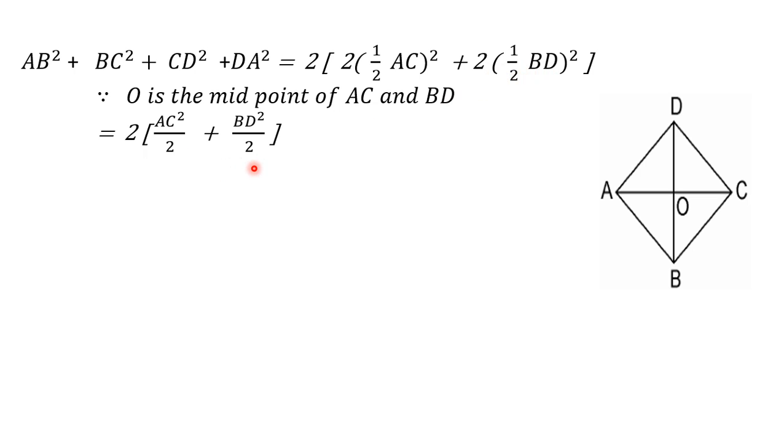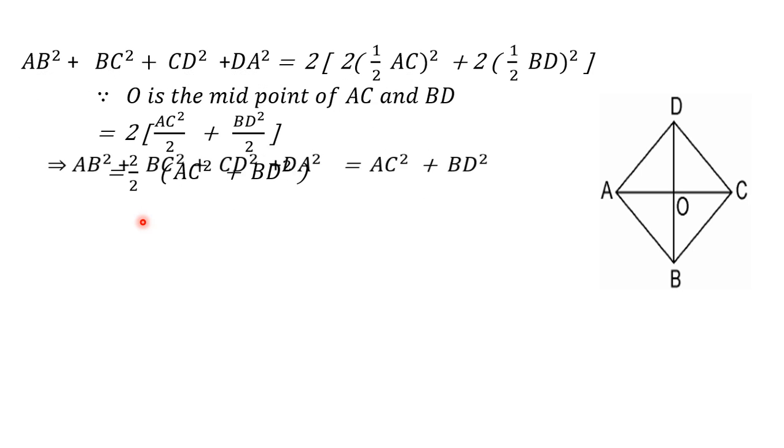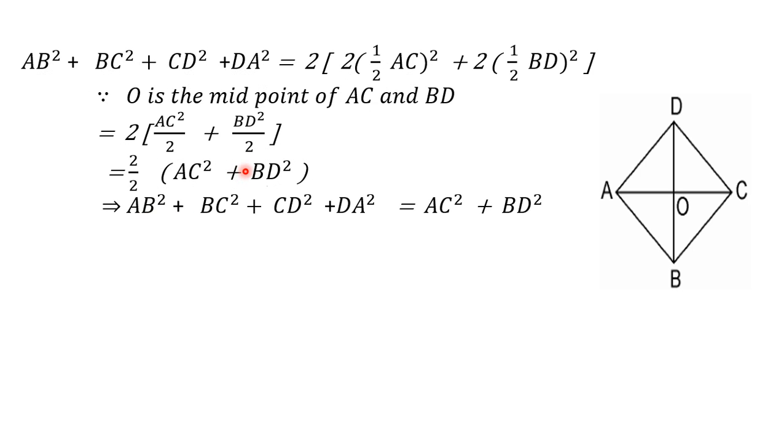Now in these two terms, we can take 1 by 2 common. So it becomes 2 by 2 into AC square plus BD square. Now 2 by 2 is equal to 1. So we get AC square plus BD square. That means we have AB square plus BC square plus CD square plus DA square is equal to AC square plus BD square.